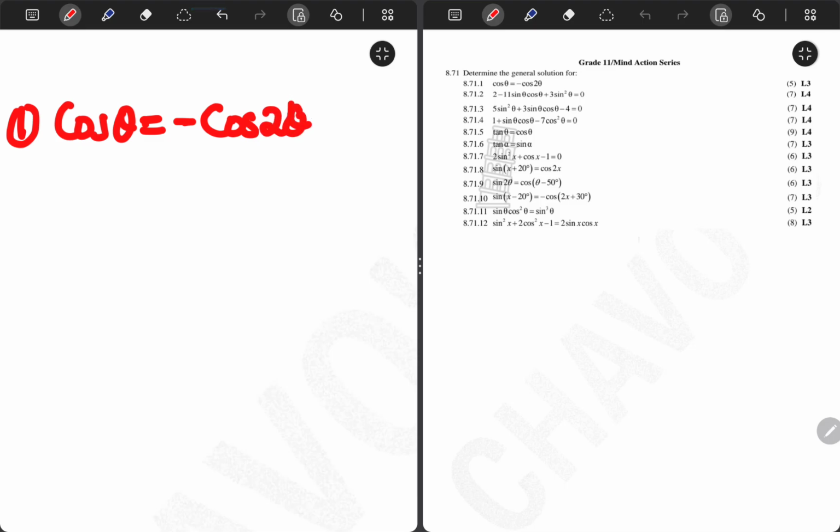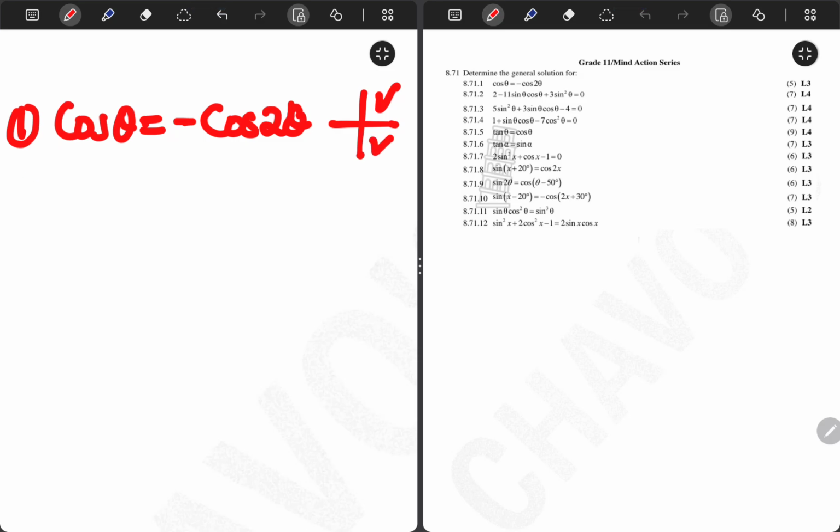So if you've got this situation, as you can see, we've got the very same trig ratio. Because we've got the very same trig ratio, now we'll go for the signs here. We've got a positive sign there, we've got a negative sign there. So where cos is negative, we should be talking about quadrant number 1 and quadrant number 4.